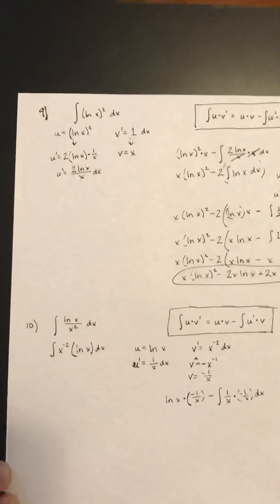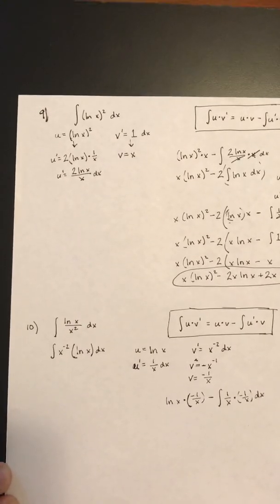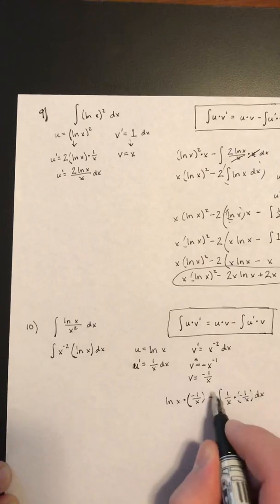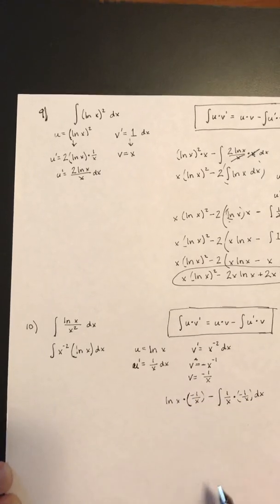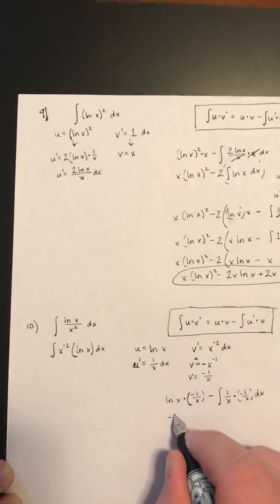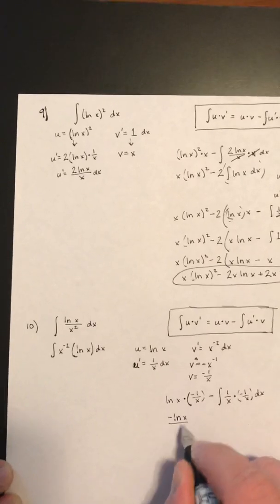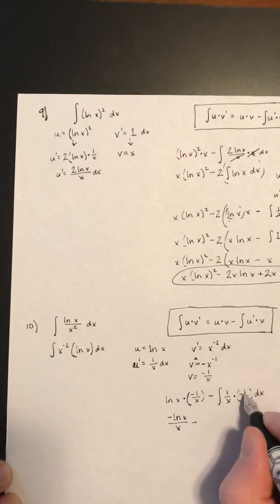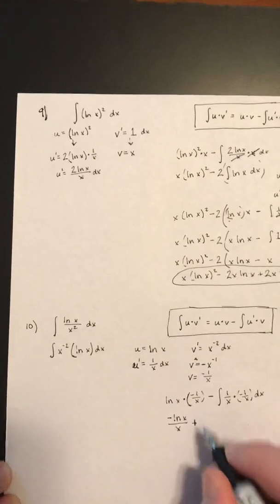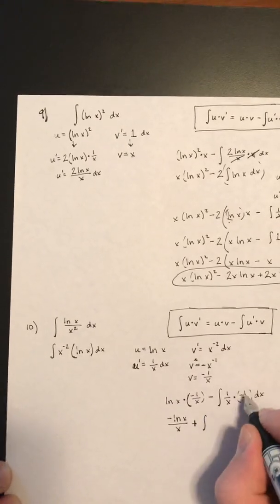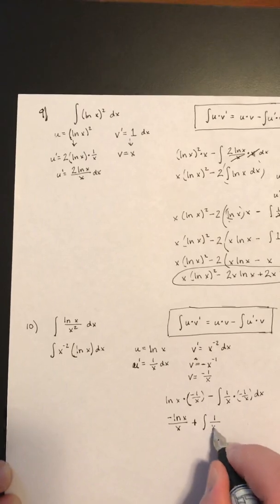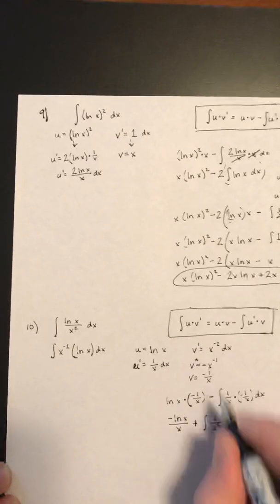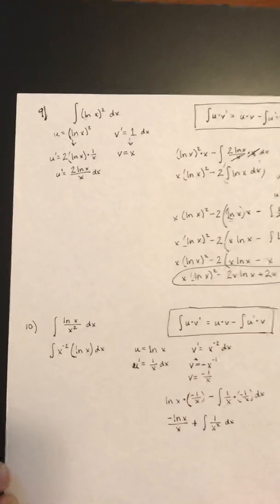Let me make that look a little simpler. That's negative natural logarithm of x over x, minus, there's a negative in there, so I'll make that plus the integral of 1 over x squared dx, which you could also write as x to the negative 2.